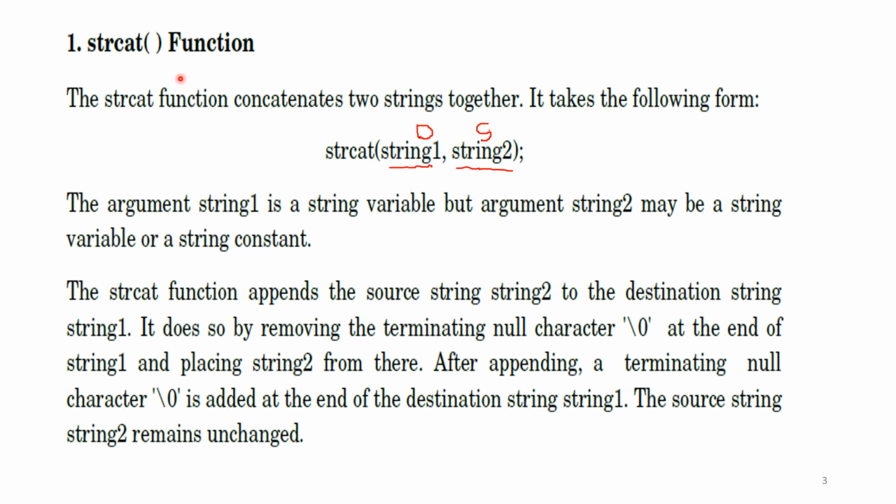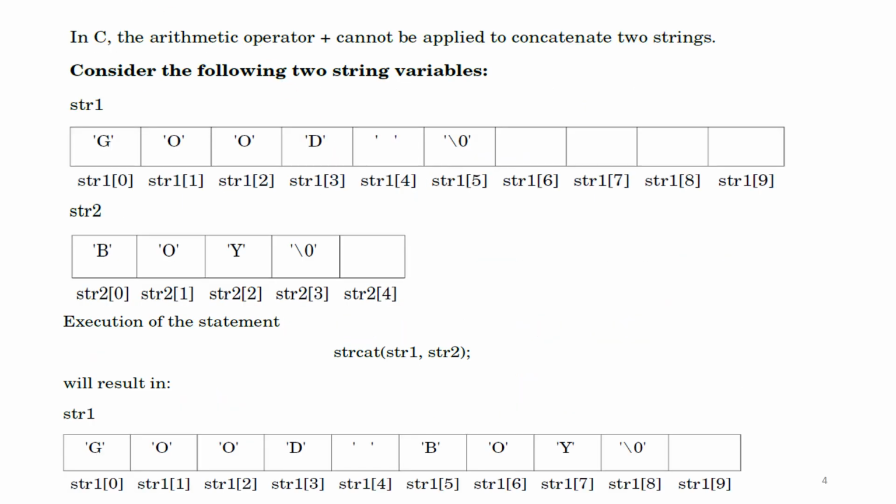Let's look at some examples. In C, the arithmetic operator plus cannot be applied to concatenate two strings. Let's consider one example that demonstrates the use of the STRCAT function. Here two string variables are given, str1 and str2. str1 holds the string "good ", then a space, and the null character indicates that this string is over.